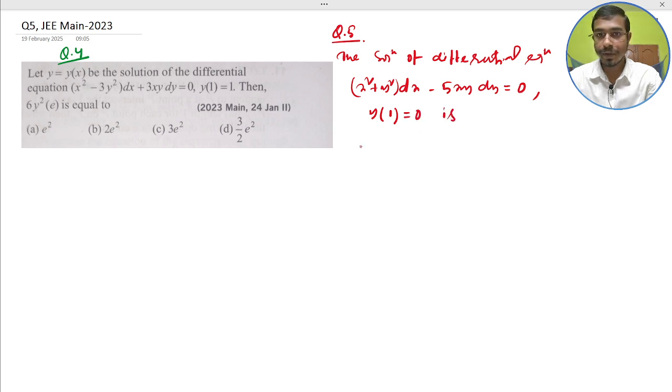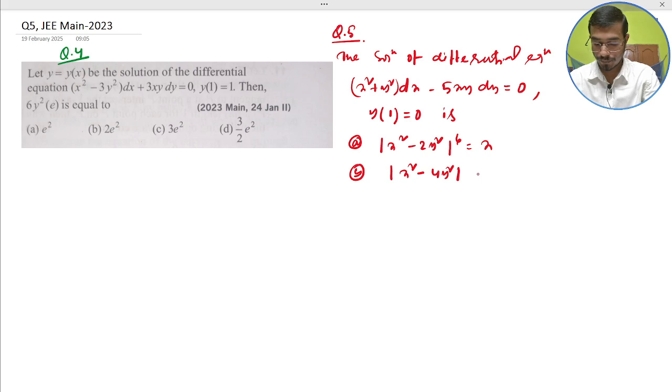Option A: mod (x square minus 2y square) to the power 6 is equal to x. Option B: mod (x square minus 4y square) to the power 6 equal to x.